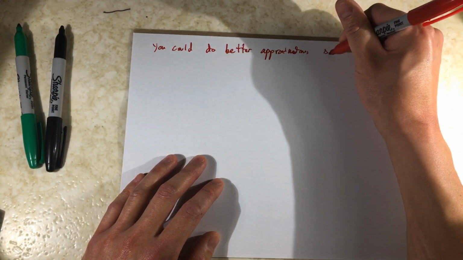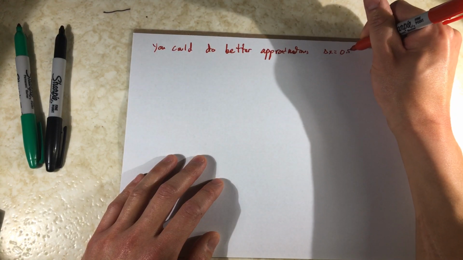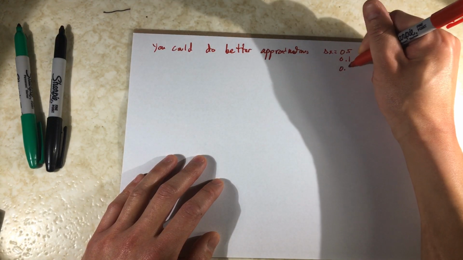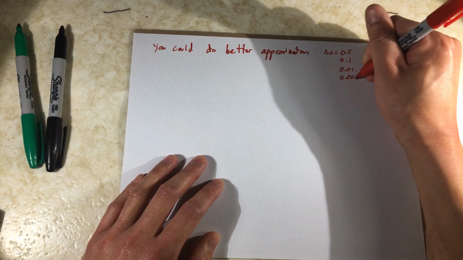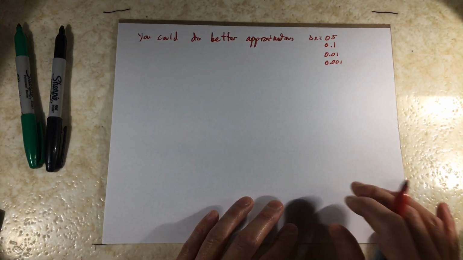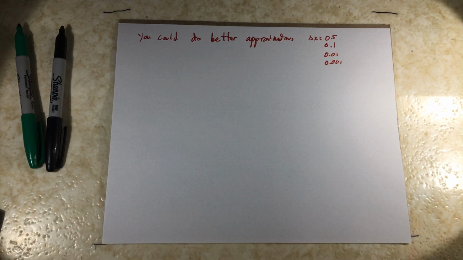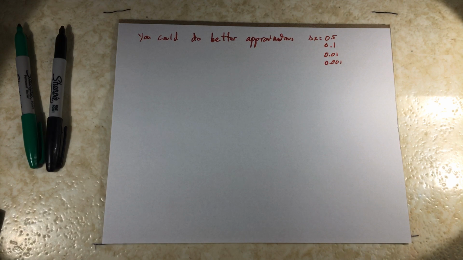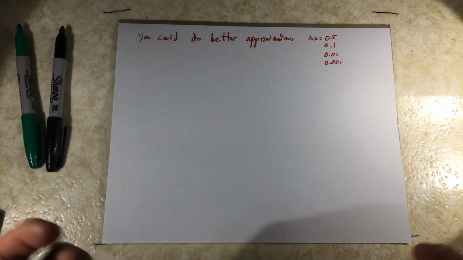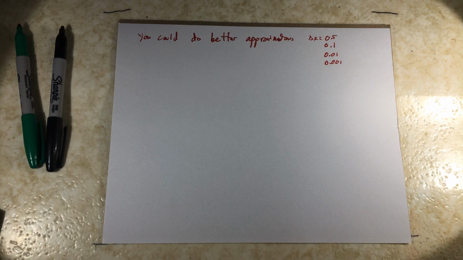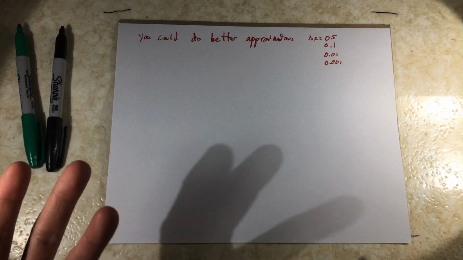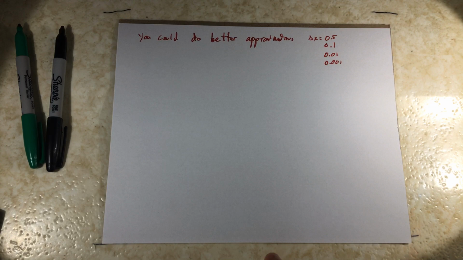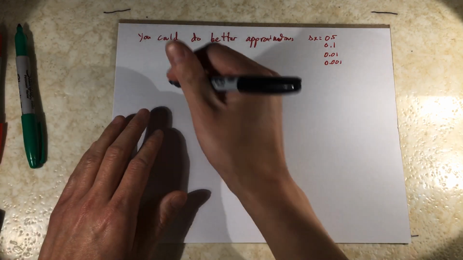So you could use delta x of a half, or 0.1, or 0.01, or 0.001, whatever it is. You can get smaller and smaller, and you'll get a better and better approximation. But obviously, it's just going to be harder to do. There are mathematical tricks. If you take calculus, you'll learn about convergent series and things like that, which allow you to do these calculations a little bit easier. You get better approximations the smaller you go, but it just takes more and more work.